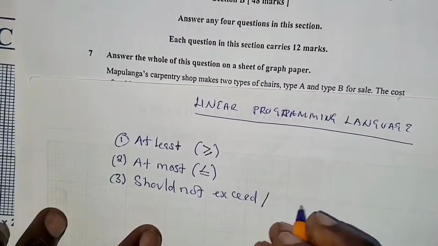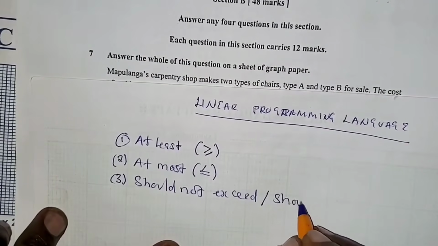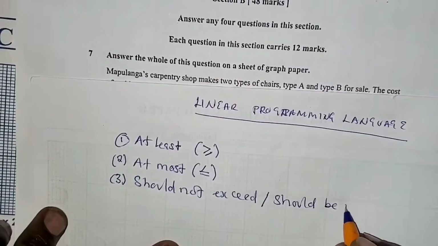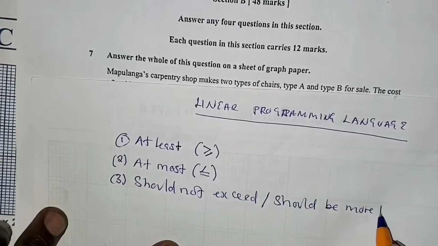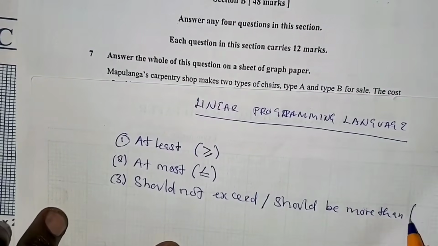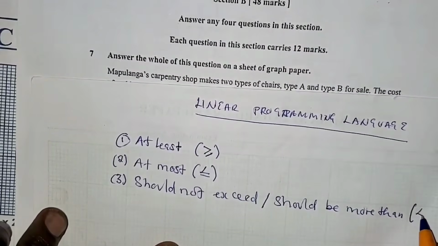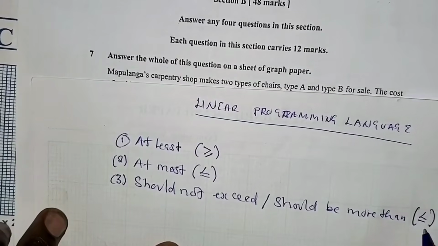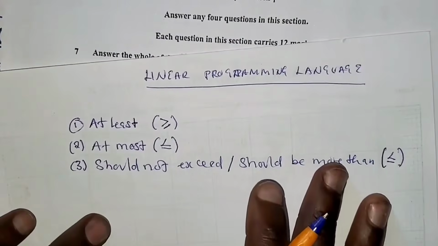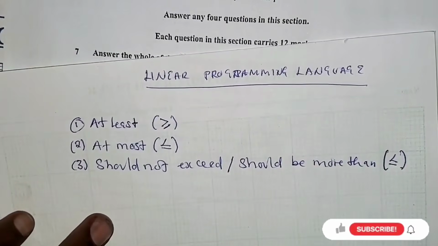Exceed is the same as should not be more than. Now, should not be more than means it should be less than or equal to that number. It should be less than or equal to the certain quantity.